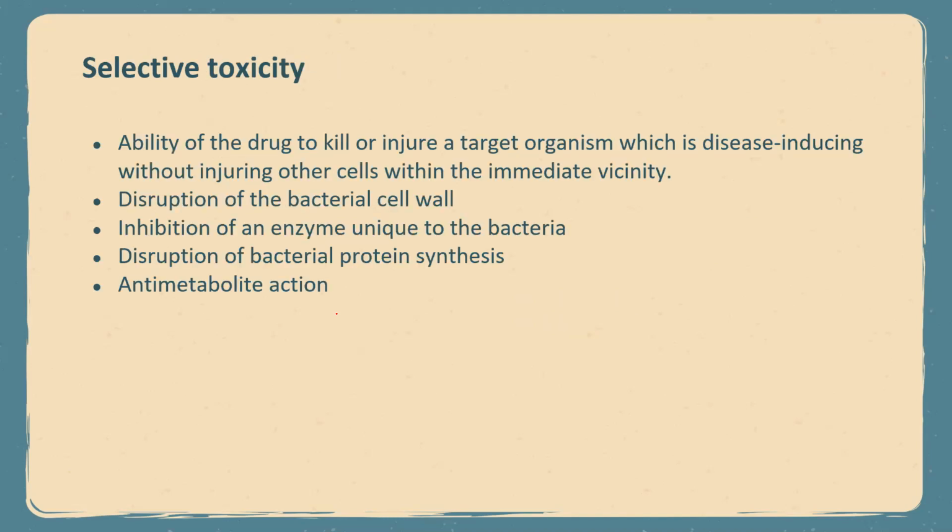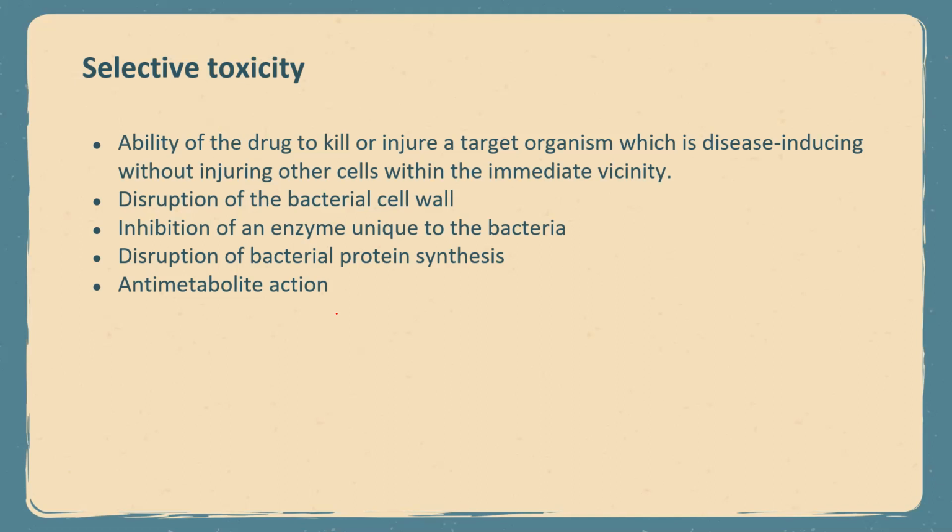Okay, so we also have what we call selective toxicity. What do we mean by that? When we say selective toxicity, it's the ability of the drug to kill or injure a target organism which is disease-inducing without injuring other cells within the immediate vicinity.